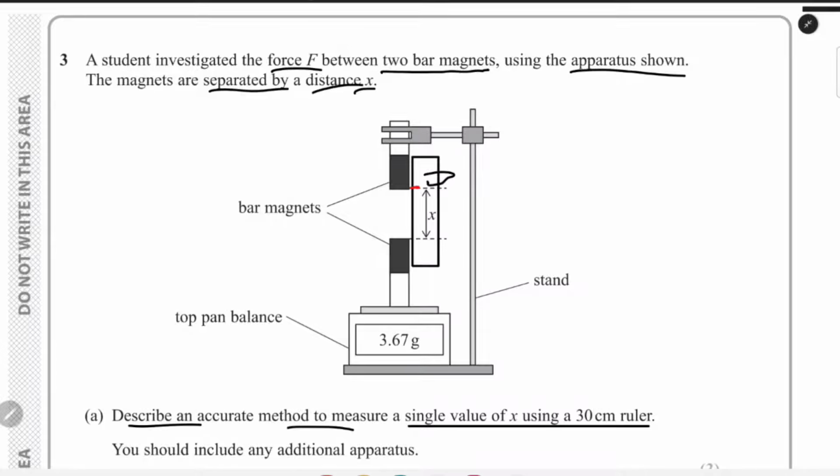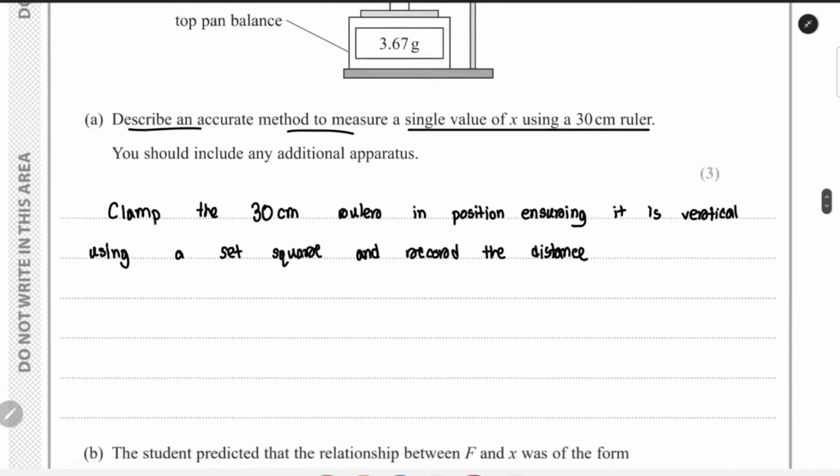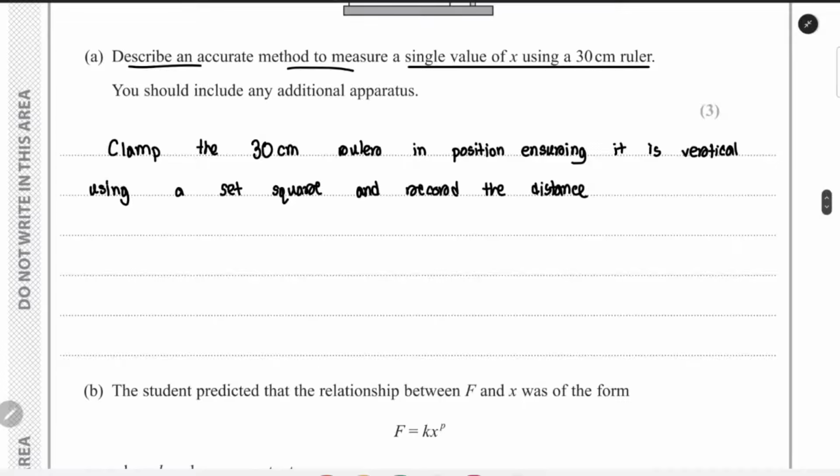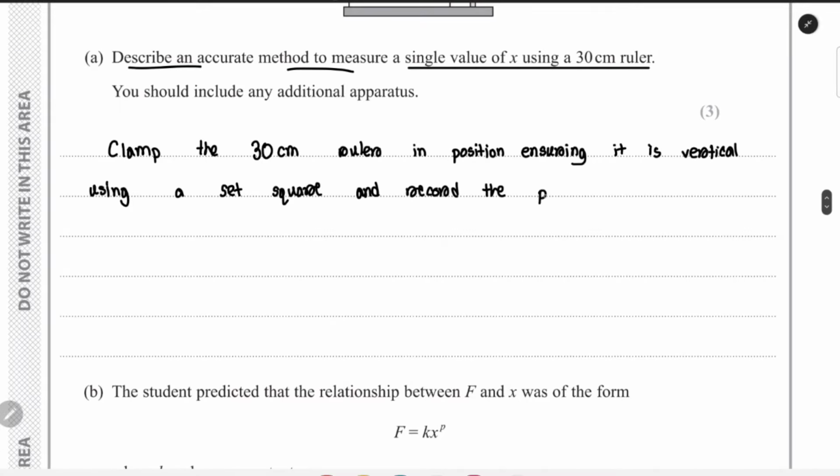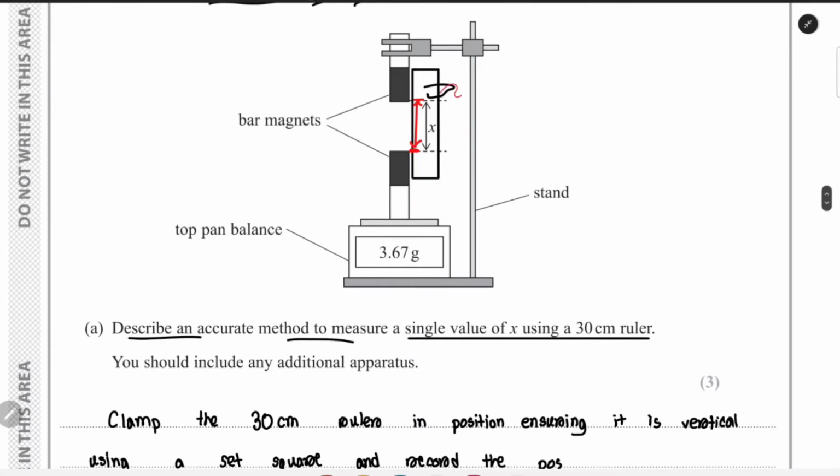The distance we should record is from the bottom of the top magnet to the top of the bottom magnet. This is the distance we want to measure. So we state that. So we record this value.